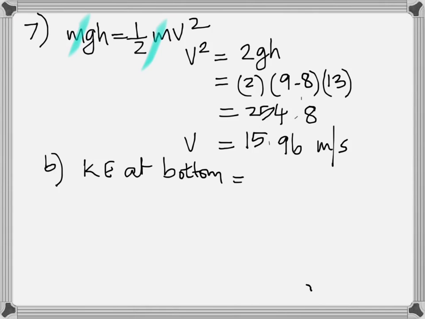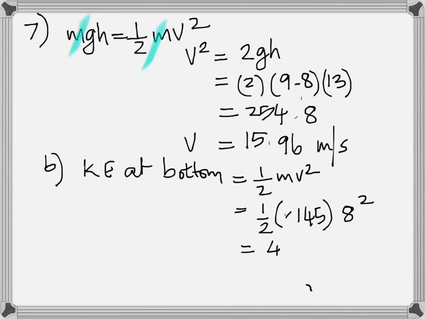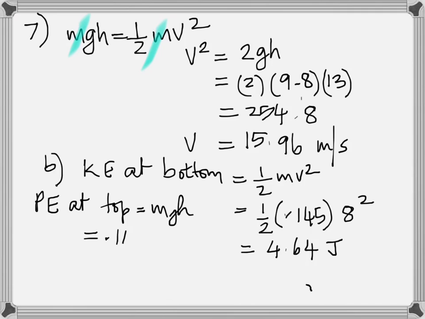But if it actually hits the ground with a speed of 8 meter per second, then you find the kinetic energy for that speed. And since it had a bigger potential energy at the top, which is given by mgh, you find the potential energy at the top.